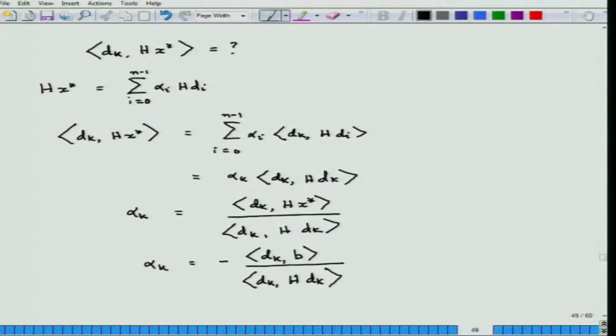So, x star can now be easily computed from the problem data, because you have to compute this for the n alpha k's. So, basically in n steps, essentially you really know the solution, right.